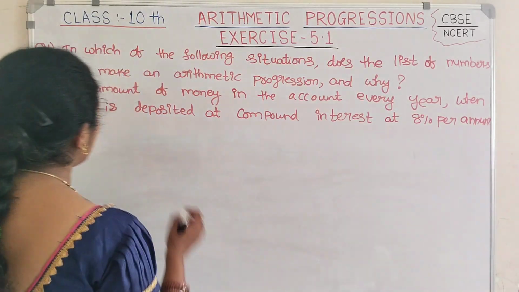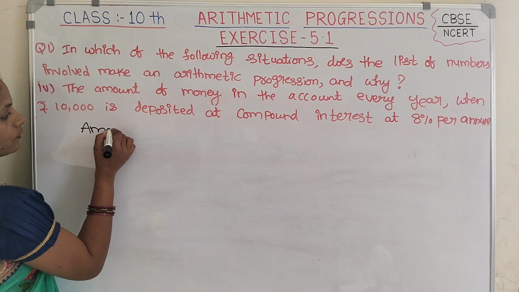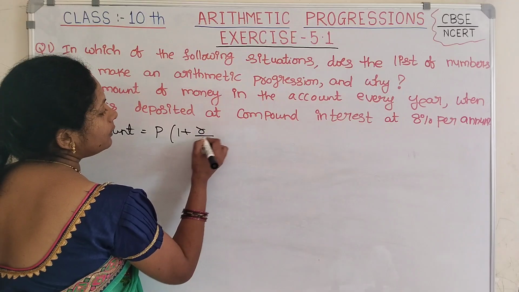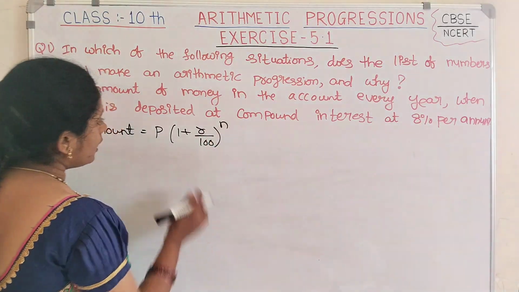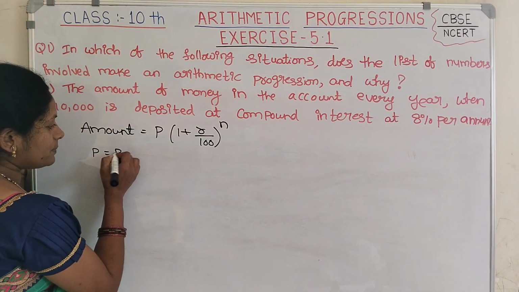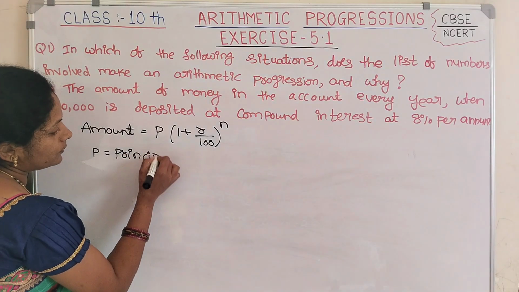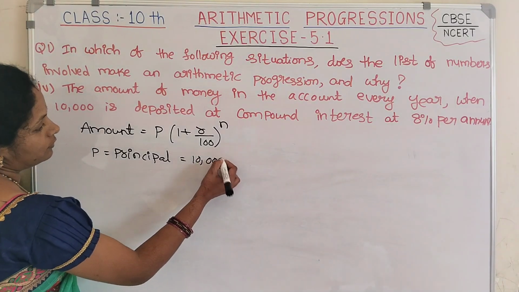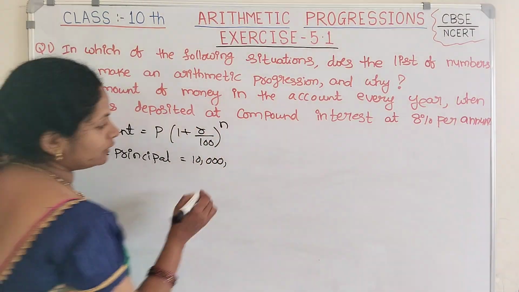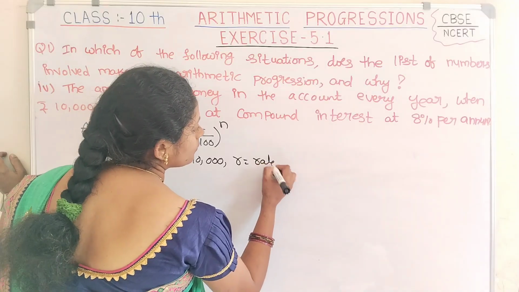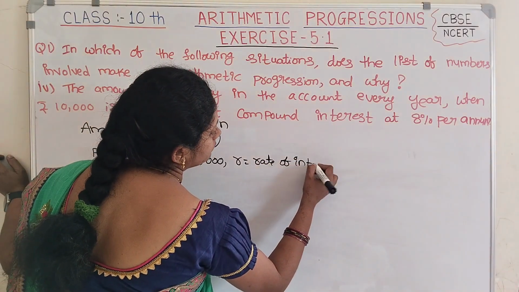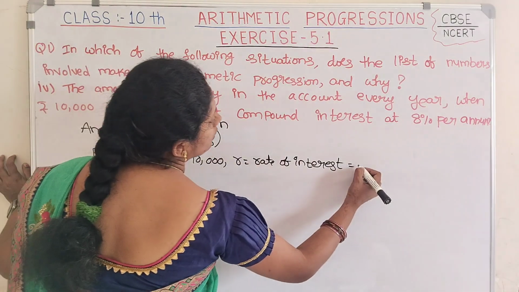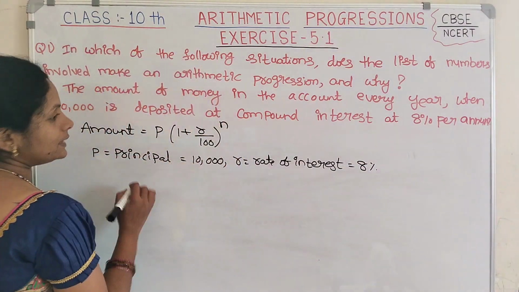The formula is the amount A is equal to P into 1 plus R by 100 whole to the power of n, where P is the principal amount. How much is it given here? 10,000. Next, R is the rate of interest. How much is it? 8%, where n is the time.